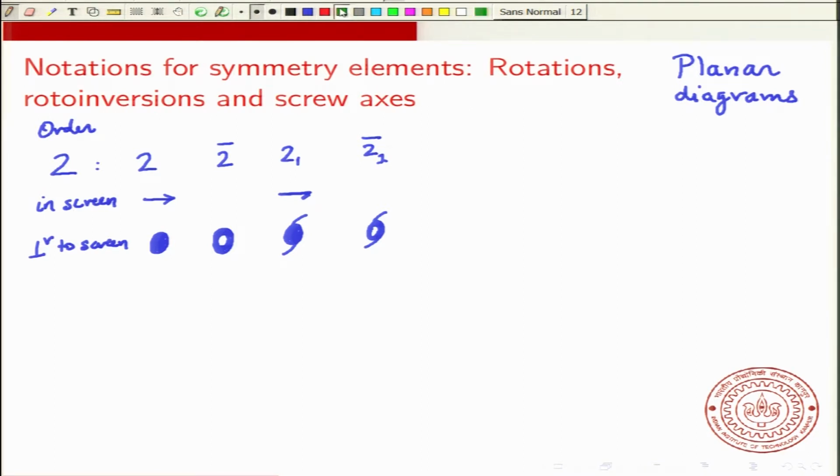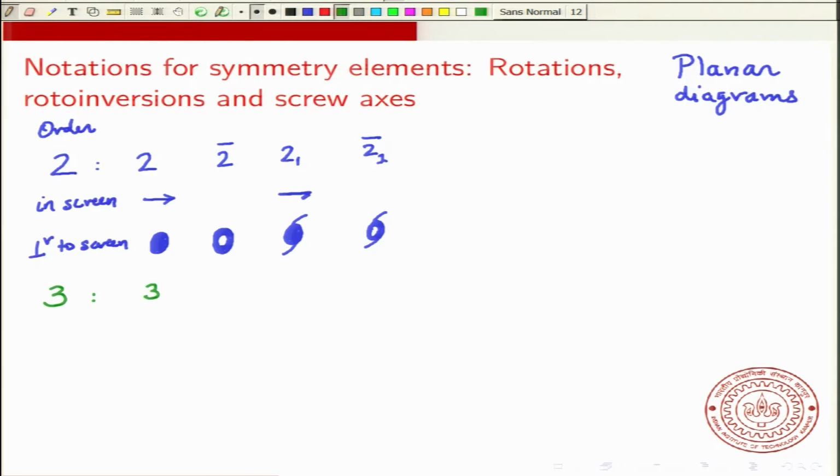Now let's go to a threefold axis, and I'll use a different color. If you have a threefold axis, now there are many more possibilities. If you have just a regular threefold axis, usually you don't show any threefold axis that is in the screen.